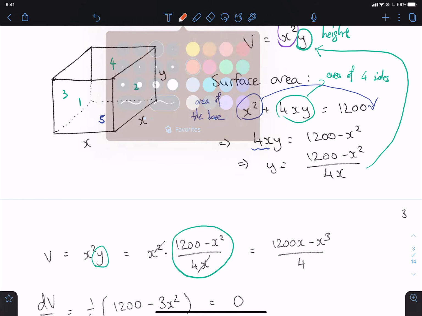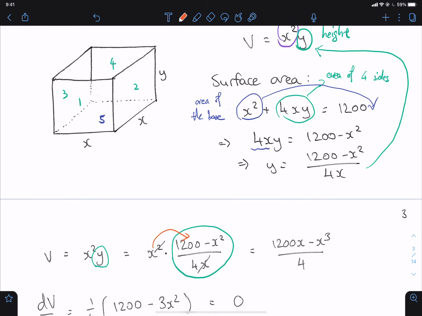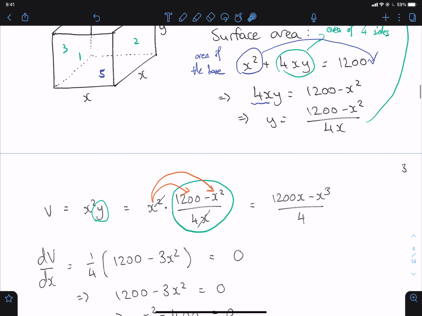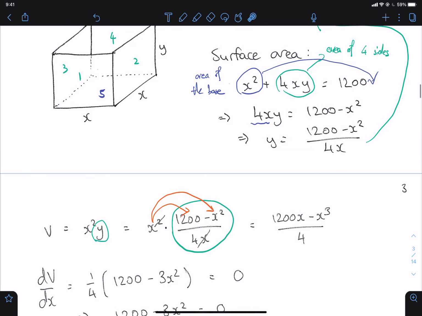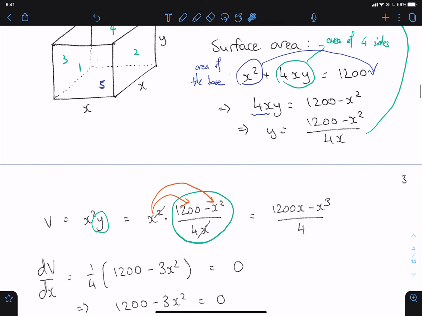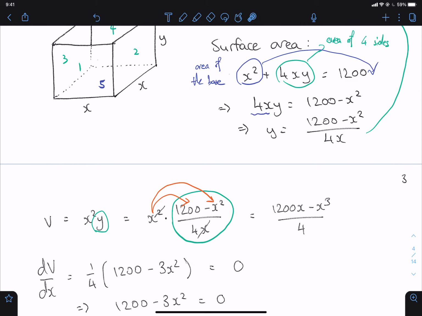This x multiplies with the 1200 and the x squared, so it becomes 1200x minus x cubed, divided by 4. That is the expression of the volume in terms of only one variable. And our goal is to maximize this volume instead of minimizing it.